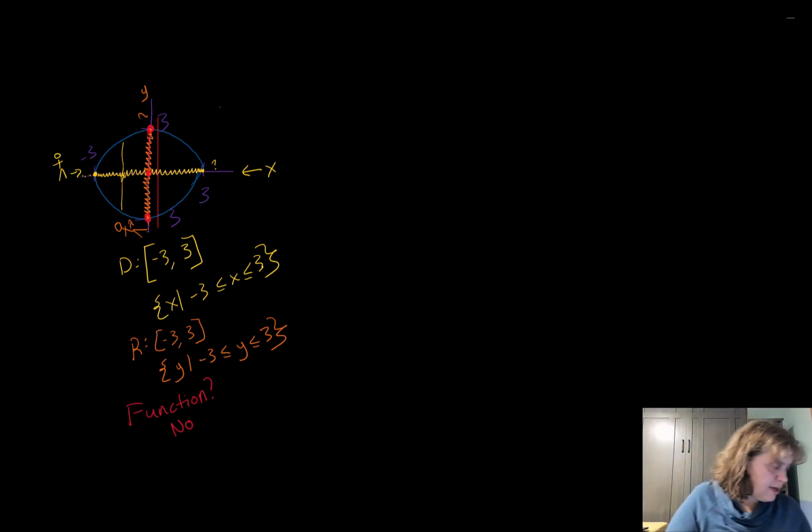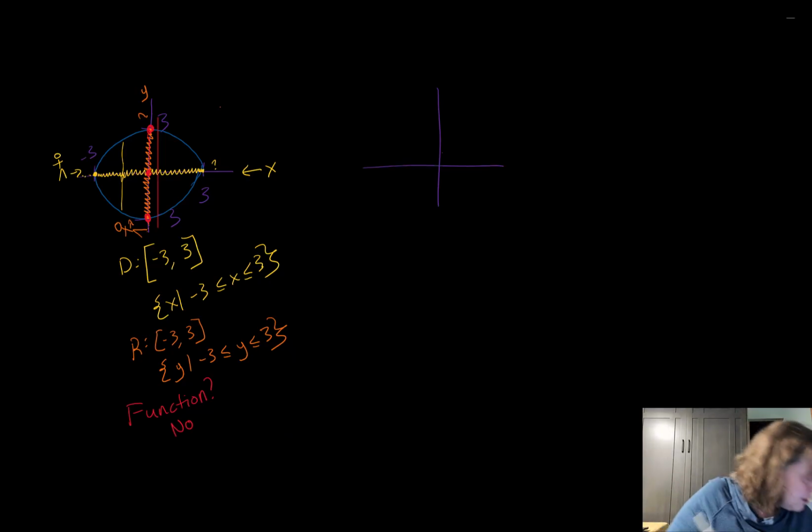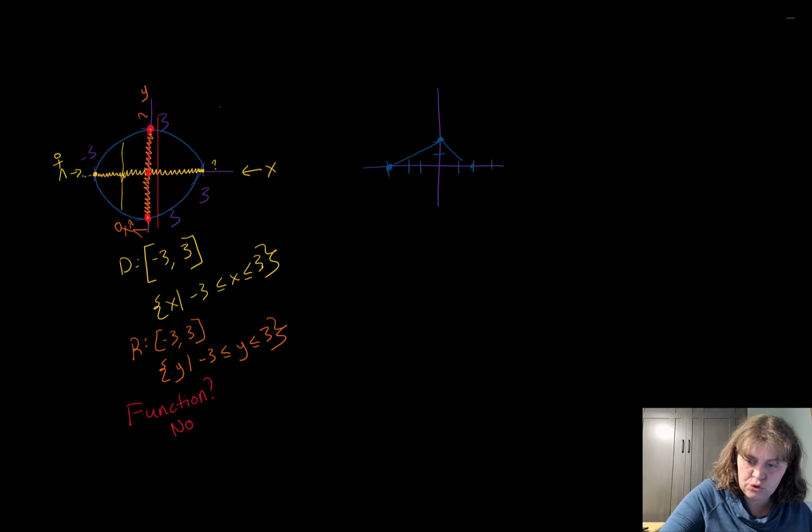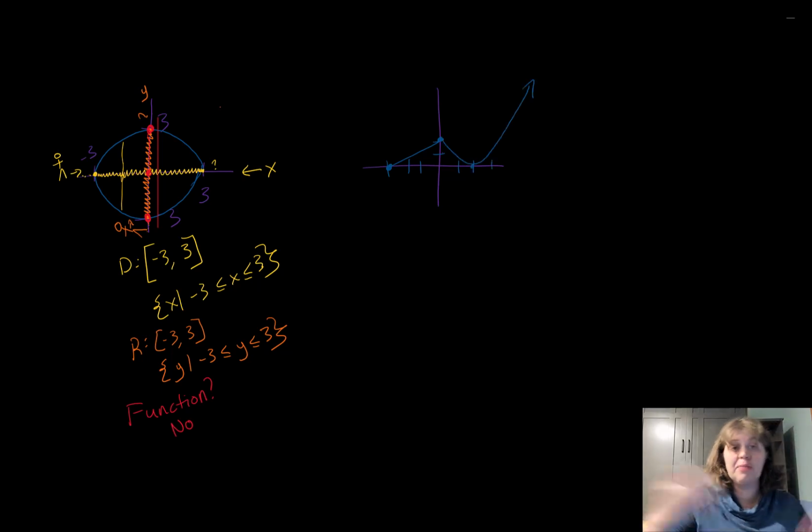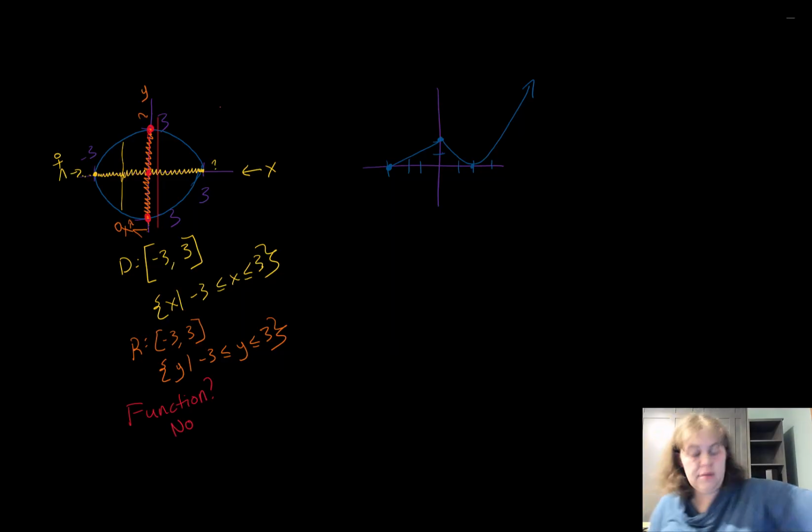All right, so next up, we've got this one. It starts here, 1, 2, 3, and then goes up to 2, and then we come down to 2, and we go across. This is called a piecewise function. Domain starts right here.